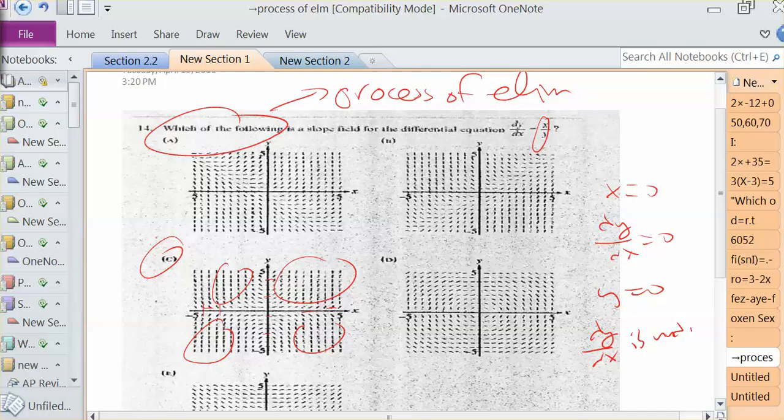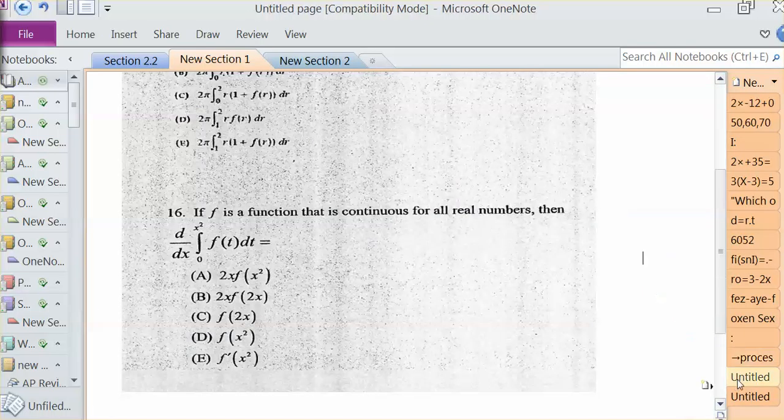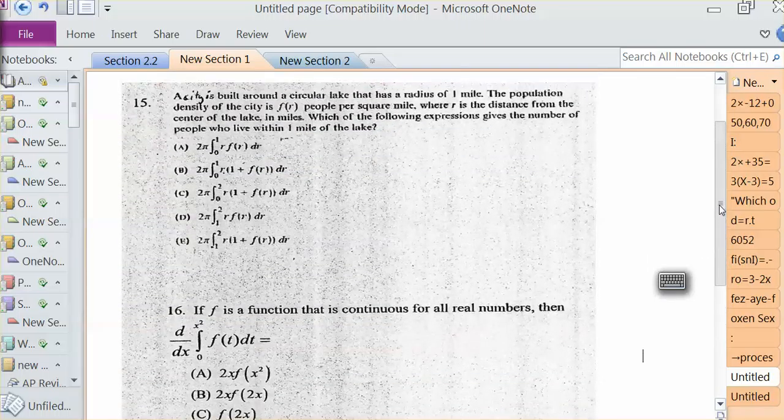Okay, then we're at the home stretch. Number 15 is something we haven't done before. I'm not sure if you'll really see it, but it's a pretty simple concept. The way this works is that you have a circular city, and apparently they're going to live on the outer rim.